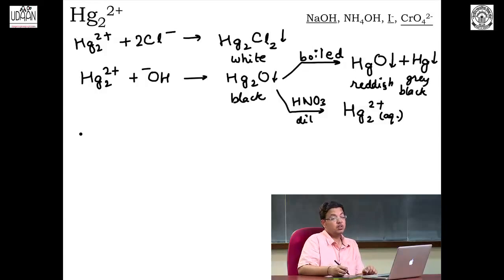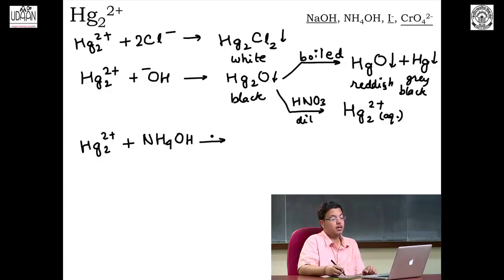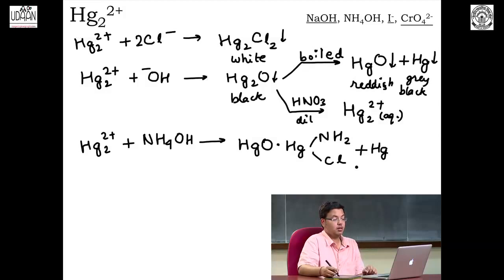However, the reaction with ammonia solution this time is different from that of an alkali, even in the first step. That means Hg2 2+ reacts with NH4OH to give a different precipitate this time. It gives a precipitate of HgO·HgNH2Cl plus Hg plus water.